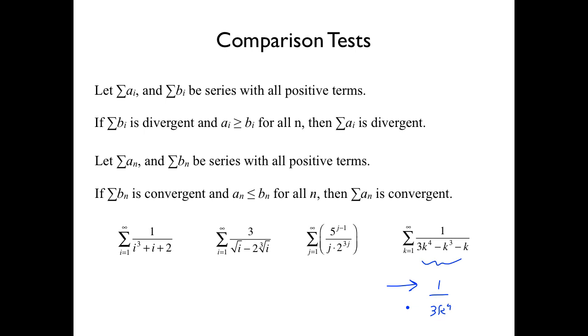Okay, so this is kind of like indirect comparison. We can't use direct comparison, because we can't say that those terms are smaller than 1 over 3k to the 4th; they're actually a little bit bigger. But we can look in the long run and ask, what does this essentially become? It essentially becomes 1 over 3k to the 4th, which converges, so we can conclude that this converges.